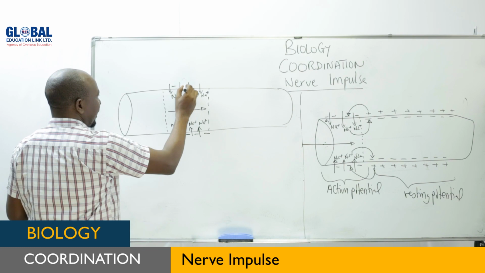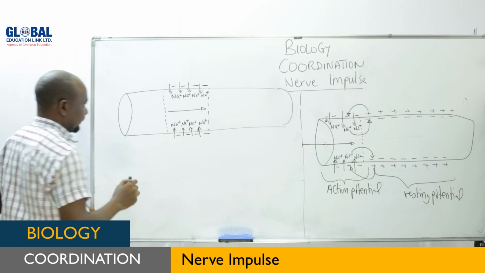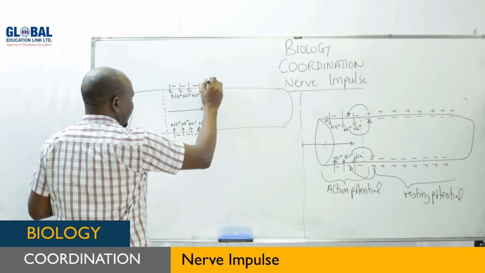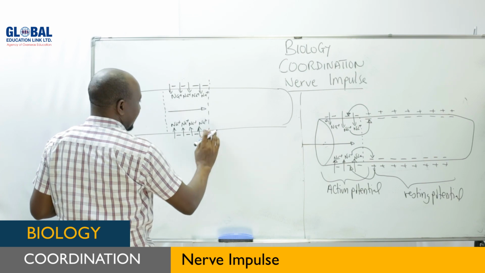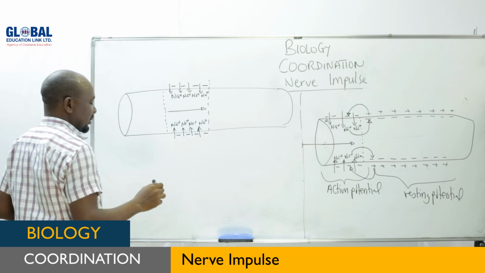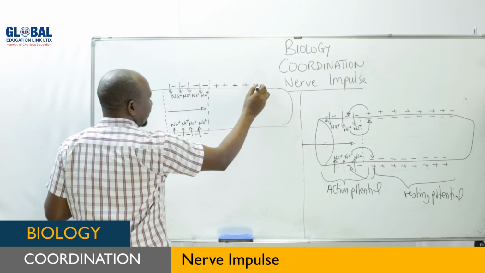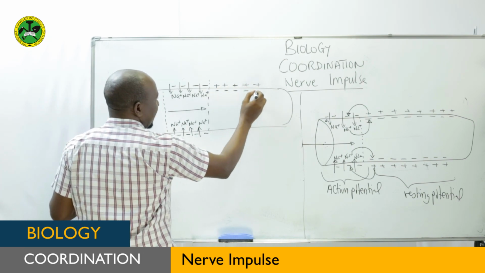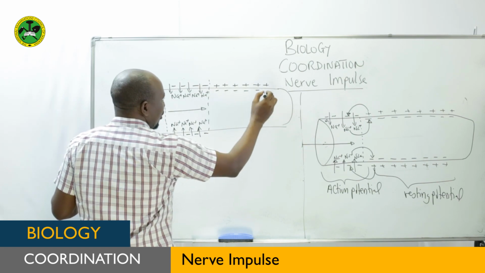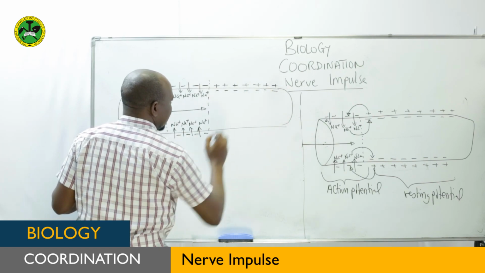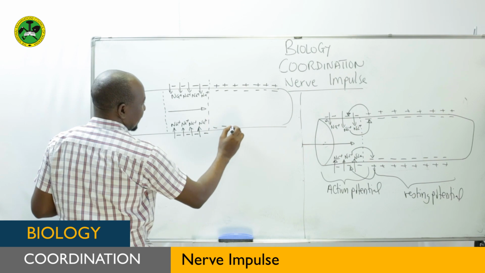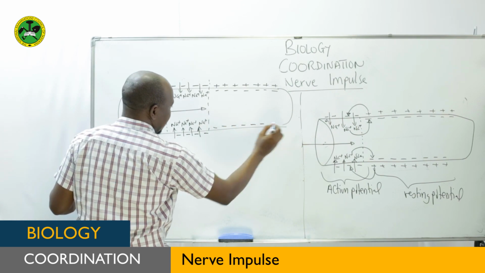But the remaining part where the nerve impulse has not reached is still at resting potential, where it is more electropositive outside and more electronegative inside.